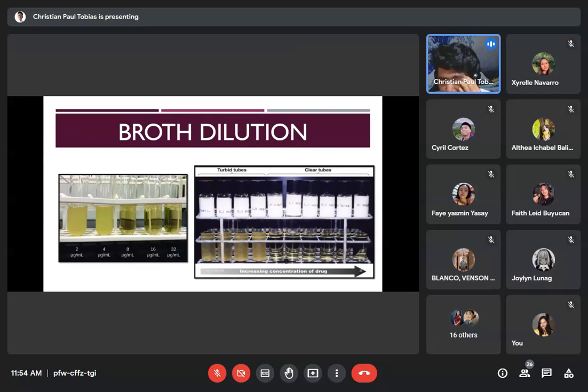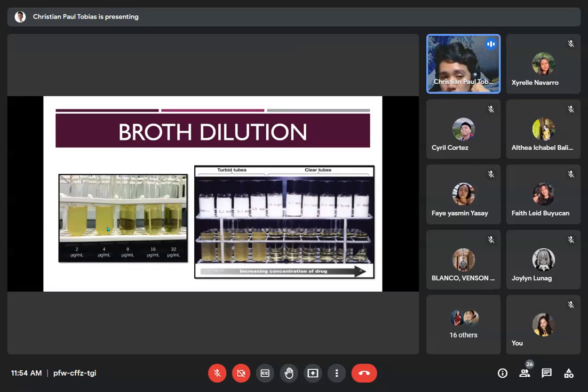It determines the MIC. You will first prepare your stock solution, MH broth plus bacteria, then set aside, then mag-serial dilute ka ng antibiotic mo. Okay? Then, ililipat mo sa 96 plate. Kung wala kang plate, you can always use mga test tubes, but this is macro dilution. Okay?